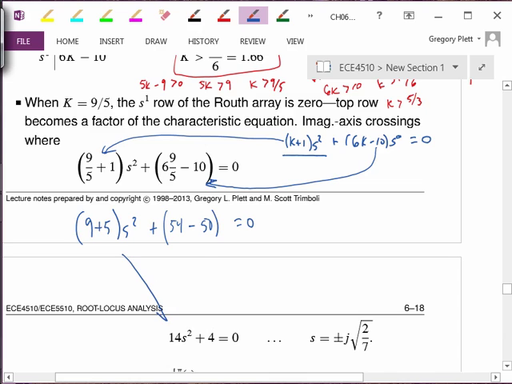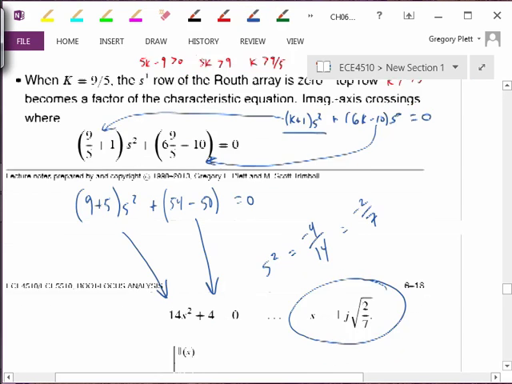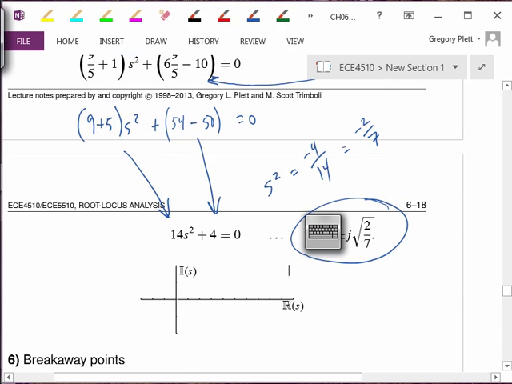So I've got 14s squared plus 4 equals 0, or s squared equals minus 4 over 14 equals minus 2 over 7. So s is plus or minus j times root 2 over 7. That's where the locus crosses the imaginary axis. So this is helpful. I had a 0 there, a pole there, and a pole there. Now I know I've got imaginary axis crossings, somewhere like there.